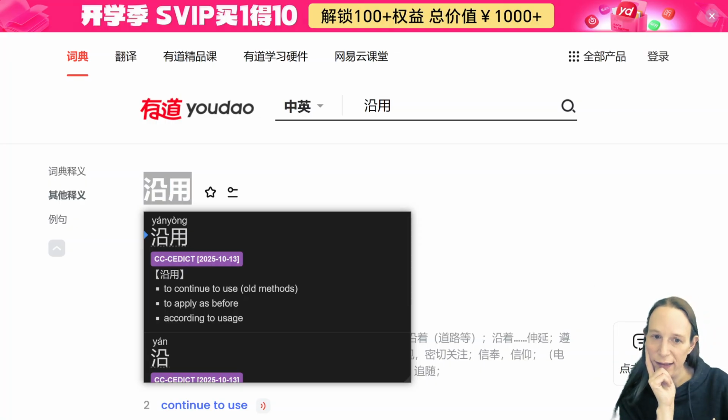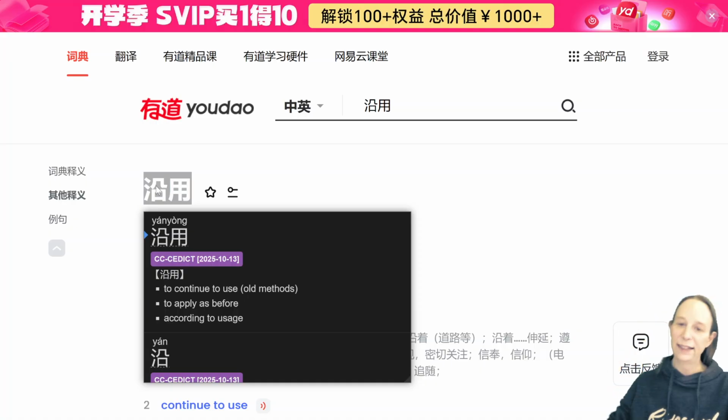Yan yong. So continue to use old method. All right. So this is 因袭, as we've always done. So the yan here implies doing something as we've always done, and yong is like employ or use.